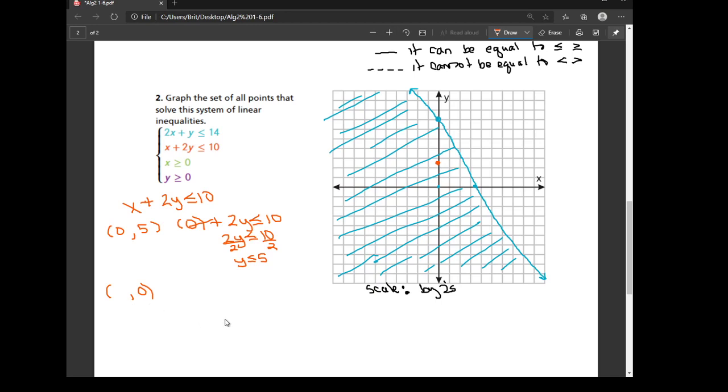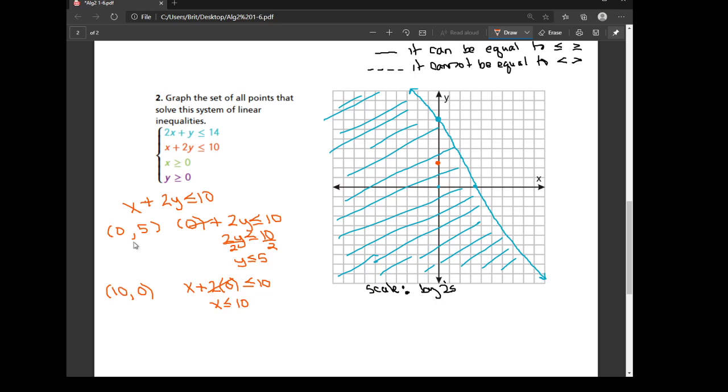Now I'm going to do the same thing, but figure it out on the x-axis. I'm going to plug in a 0 for y, so I get x plus 2y, remember y is 0, is less than or equal to 10. So 2 times 0 is 0, so that term can go away. That leaves me with x is less than or equal to 10.